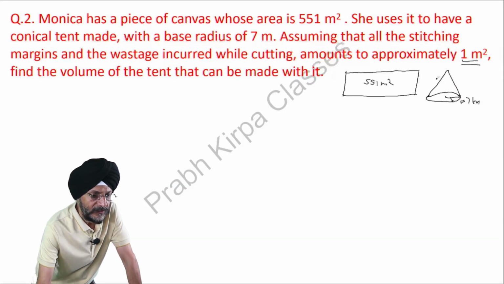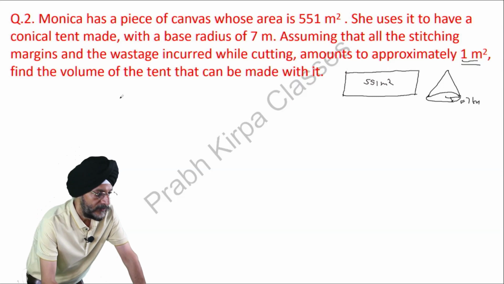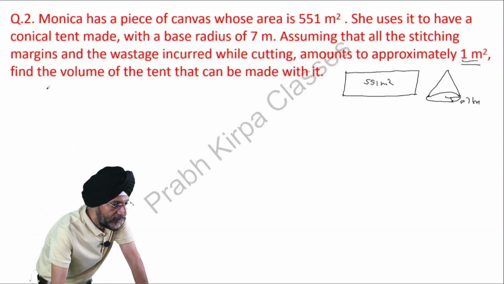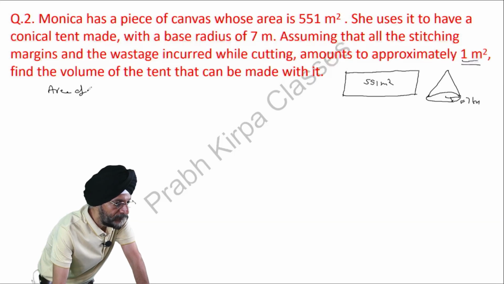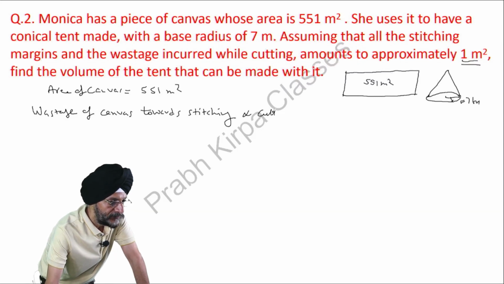So we can say, for the curved surface area of the tent, we write here: the area of canvas has been given as 551 square meters. The wastage of canvas towards stitching and cutting is equal to 1 square meter.